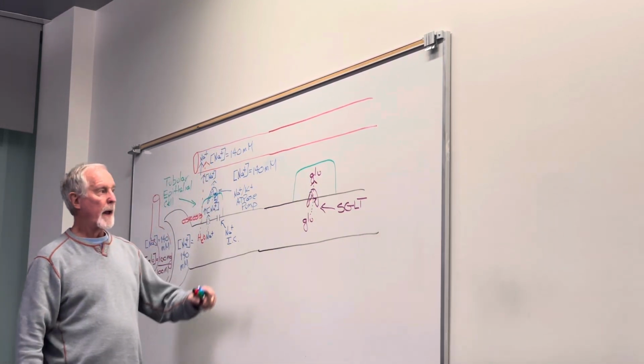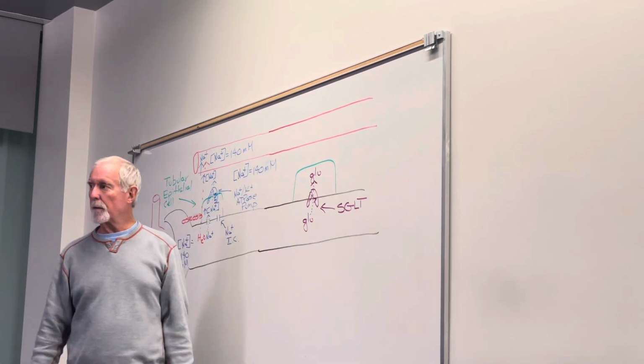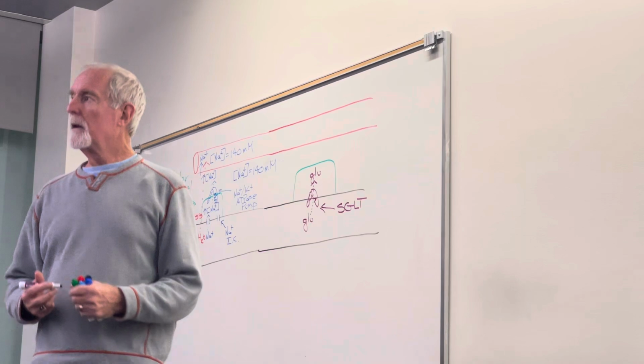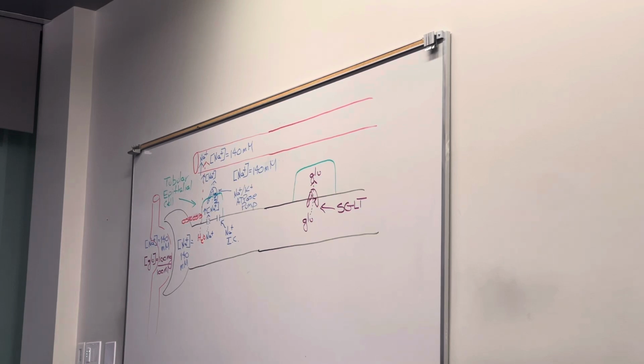Mr. Corey, how is it the glucose is moving out of the cell into the interstitial space? You just told us a moment ago. There are GLUT transporters. These GLUT transporters are bidirectional.